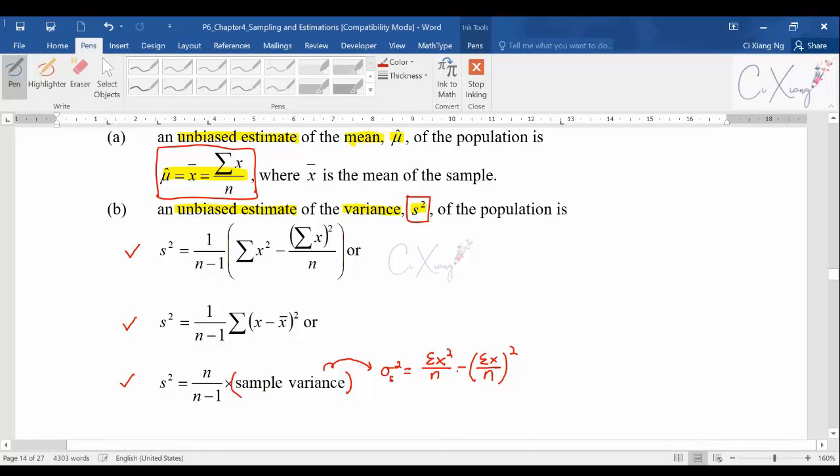After you calculate this value using the old formula that we learned, only then do we apply it here, multiplying by n divided by n minus 1. So it becomes the estimate value of variance.